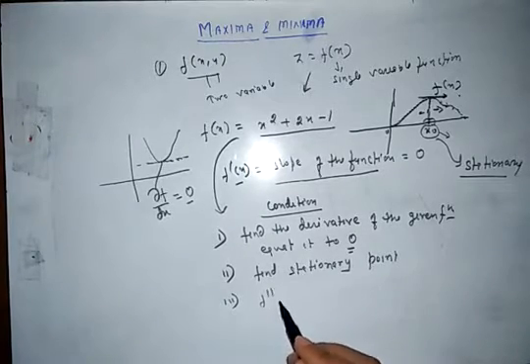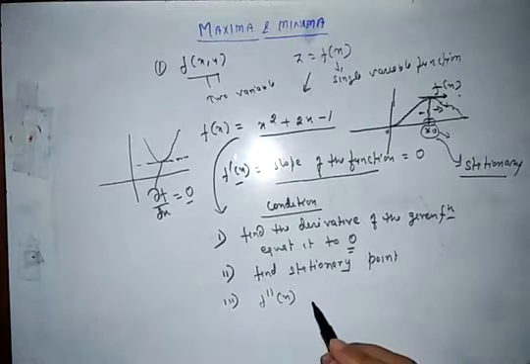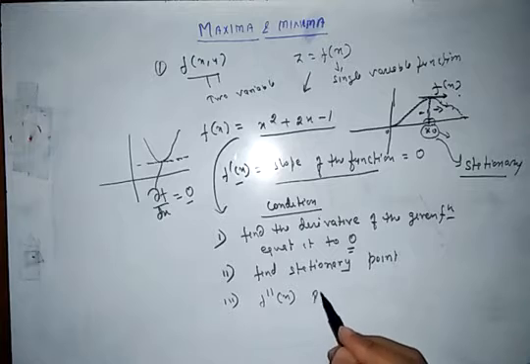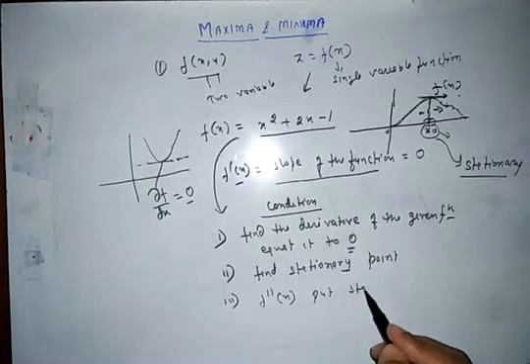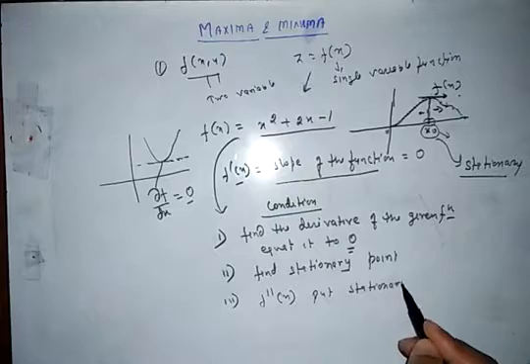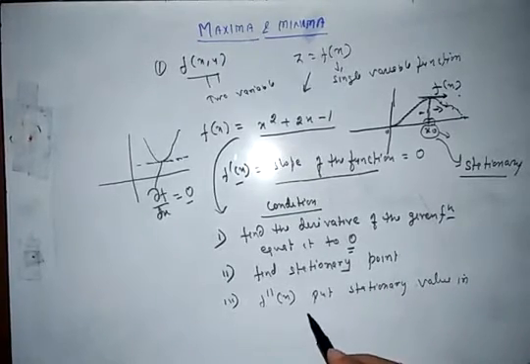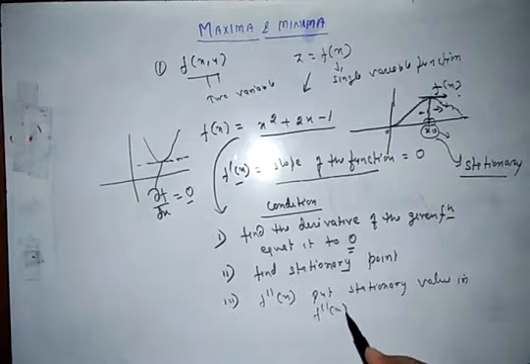Again find f double dash x, and put the stationary value in f double dash x and check the sign.